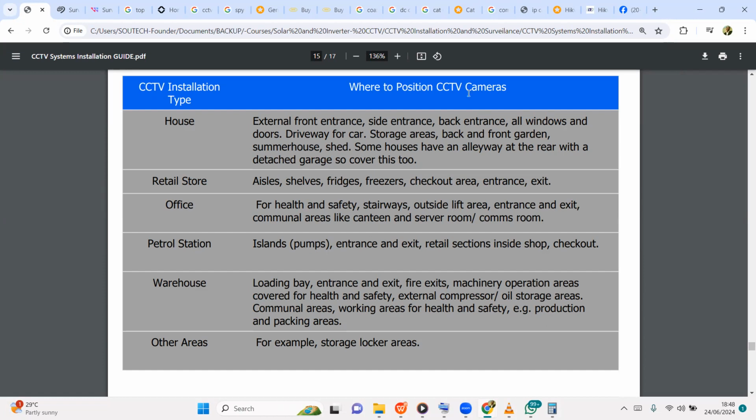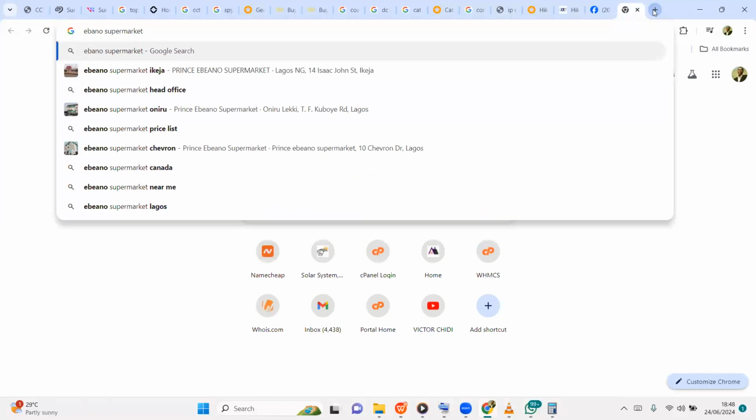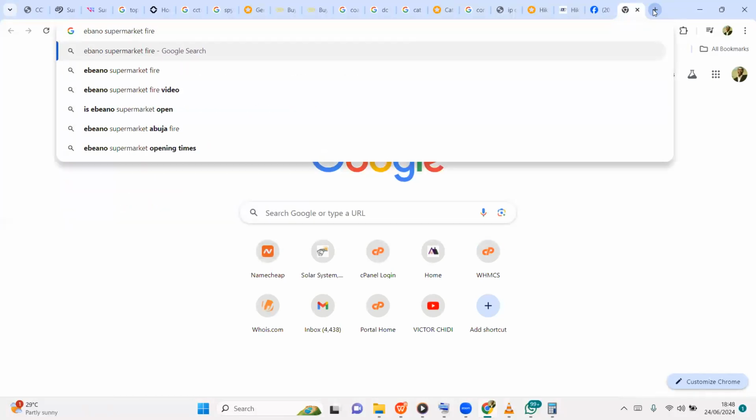So if it's in the house, all your entrances, back entrances, the side, the windows, the doorways, storage, anywhere there's going to be human activity, you want to have cameras there. If it's for a retail store, aisle, shelf. Now imagine, let me give you another case study of a supermarket fire video.